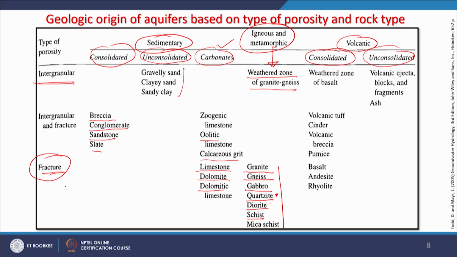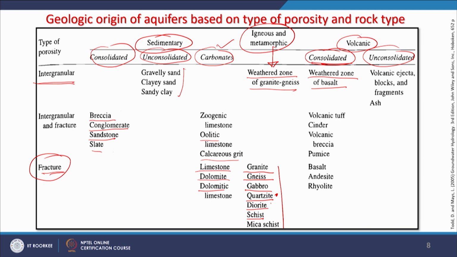Now, in case of volcanic rocks, we again have two categories, consolidated and unconsolidated rocks. Consolidated means solid and unconsolidated means not that solid. So, we have the weathered zone of basalt at the top part because of exposure to the atmosphere, rain, temperature and cold.